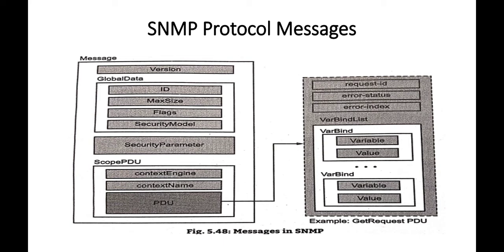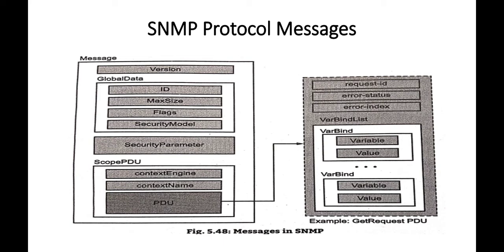The security parameter depends on what type of security is provided by version 3, and we use it for transmitting the data. Messages are sent between manager and agent, and agent and manager, for communication, whether it is a request for data, or reporting an error that has occurred, and many more. According to the type of security provided by version 3, we use those parameters.